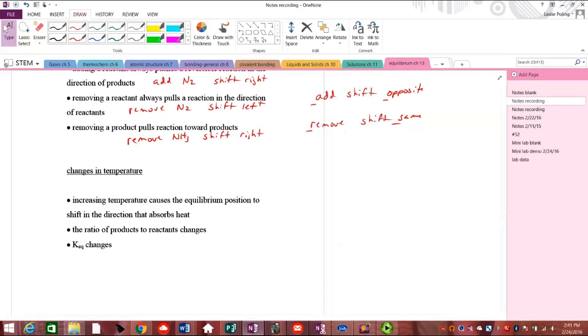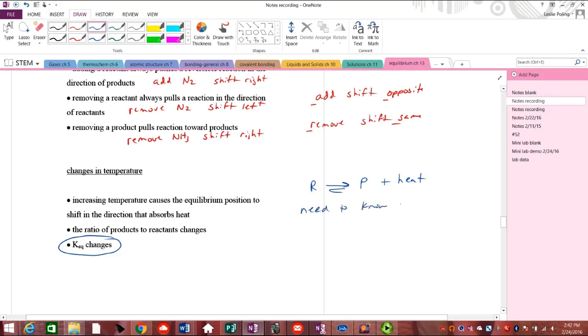Now, changes in temperature. This is the only time the K value changes. But in order to know which way we're going to shift, reactants going to products, we need to know where heat is. If it's an endothermic reaction, heat is a reactant.